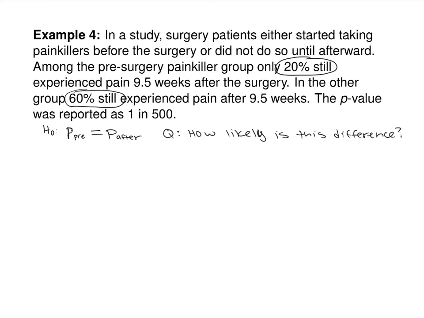I mean, it's possible that the people in your painkillers-after-surgery group are just a bunch of wimps who can't take pain. It's possible, but how likely is it? Well, you found that the p-value was, say, 1 in 500.